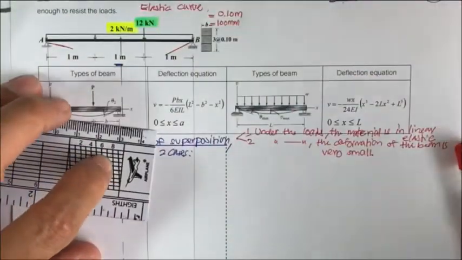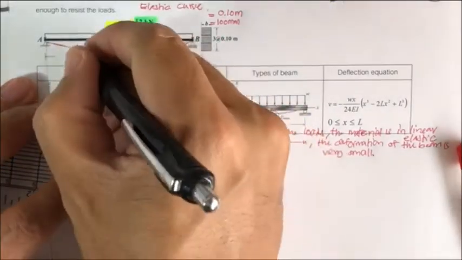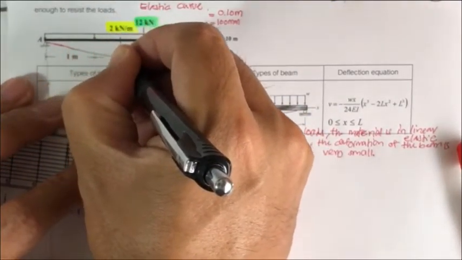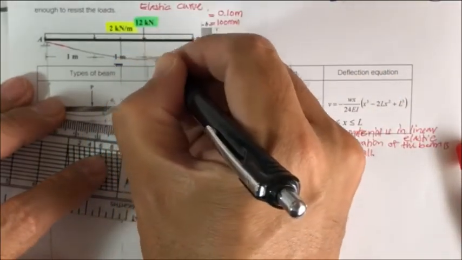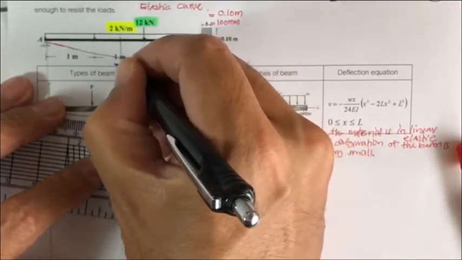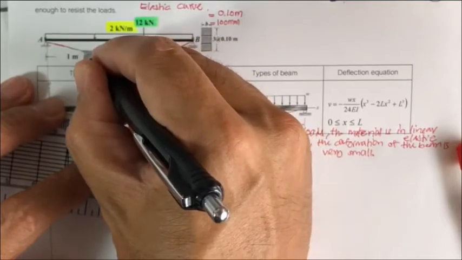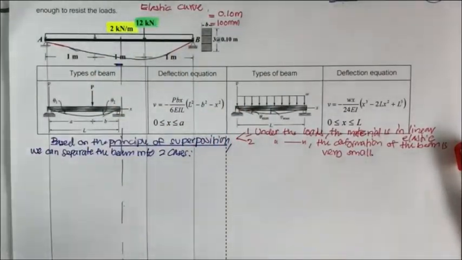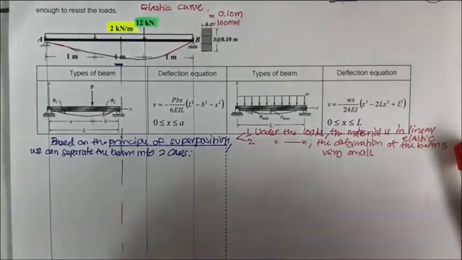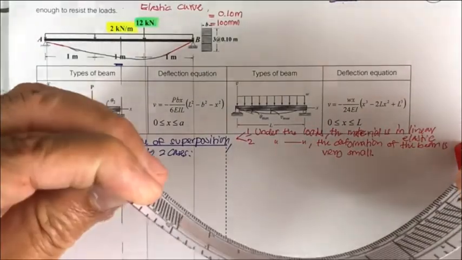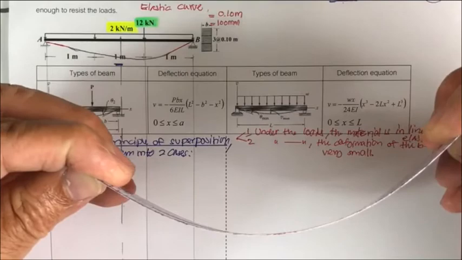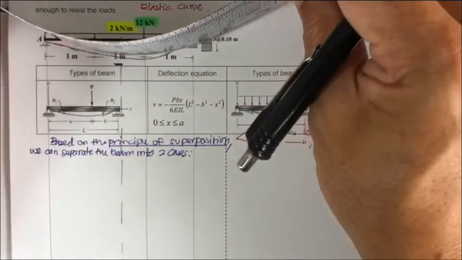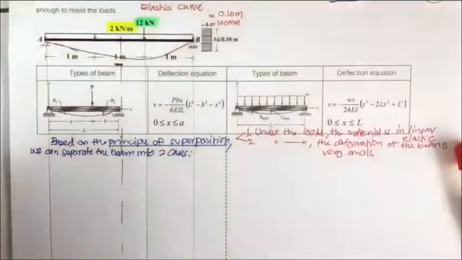Knowing that, you can sketch the curve, which must be continuously curved. It cannot be separated, because it is like a ruler. You can see the deflection is going to be like this. It is always curved like this.